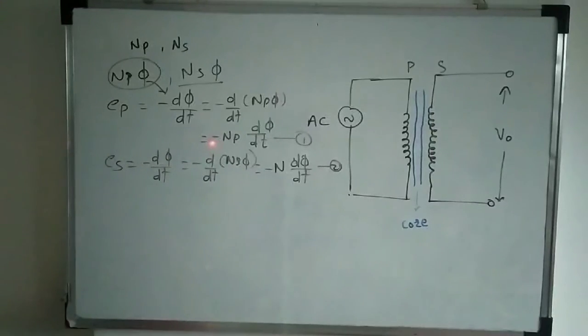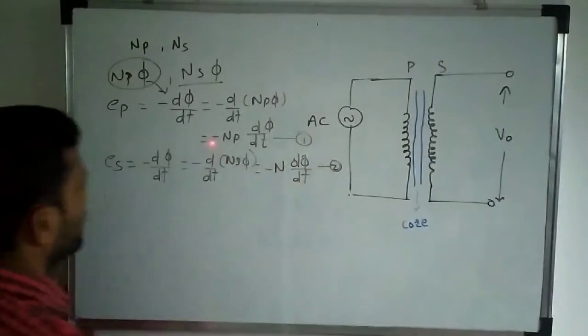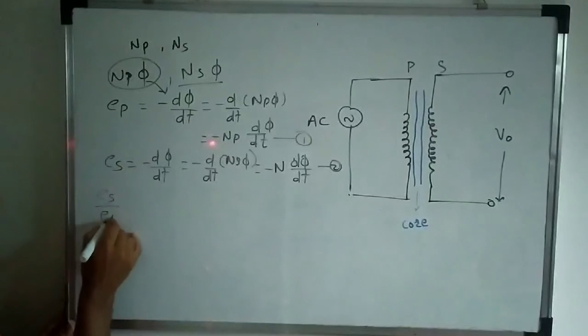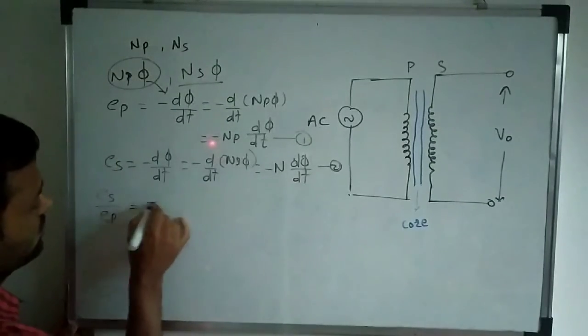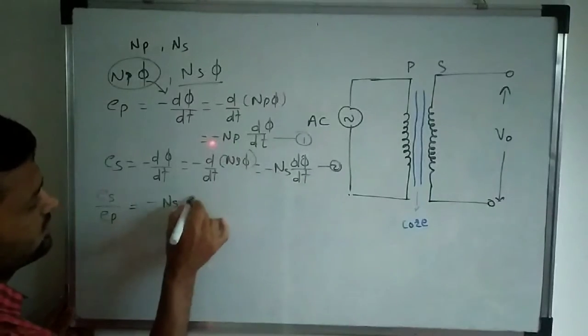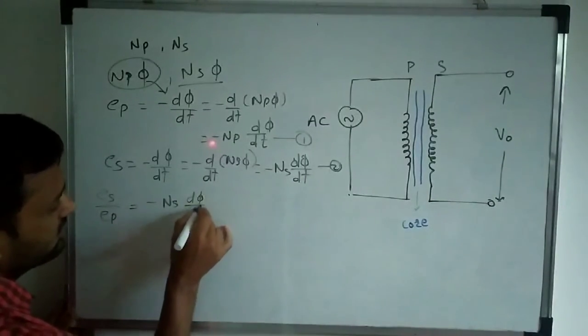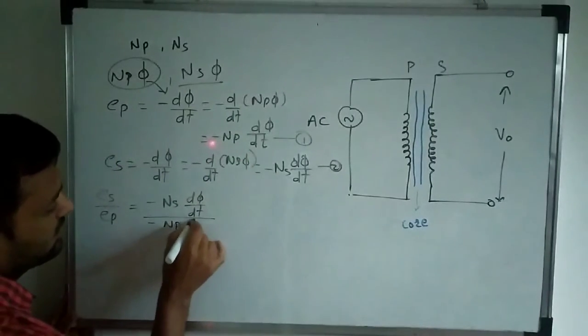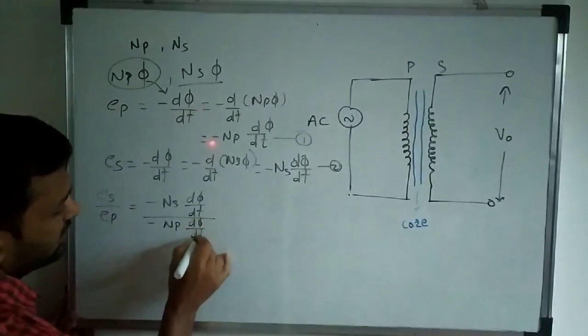So what will happen if we divide equation 2 by 1? ES by EP is equal to minus NS d phi by dt divided by minus NP d phi by dt.